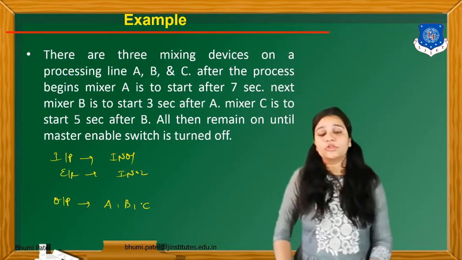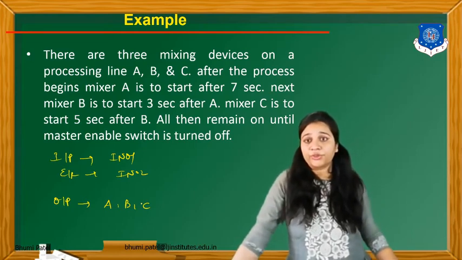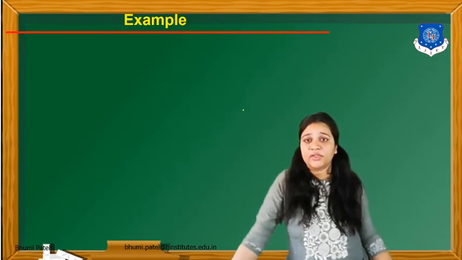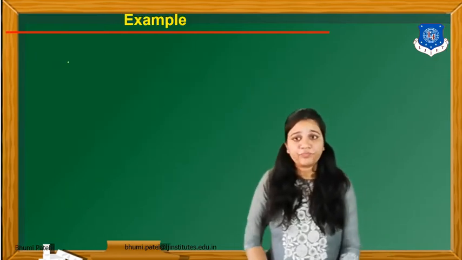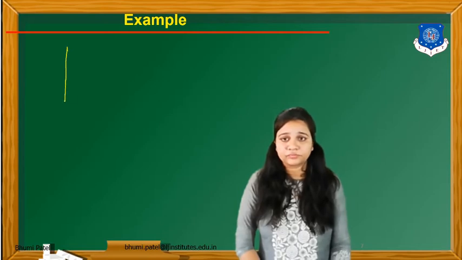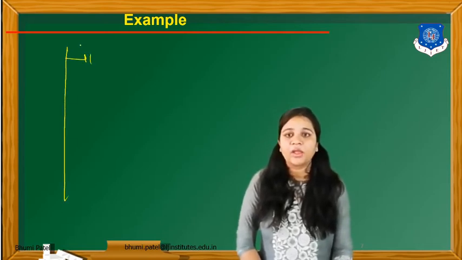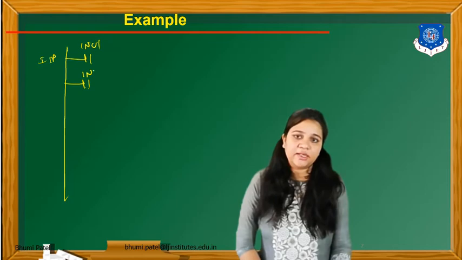Okay, so we have to start the ladder logic diagram. The first condition is that after the process begins, that means the input is energized, mixer A starts after 7 seconds. So we can draw here the input IN01, this is my input, and the second is enable or reset.